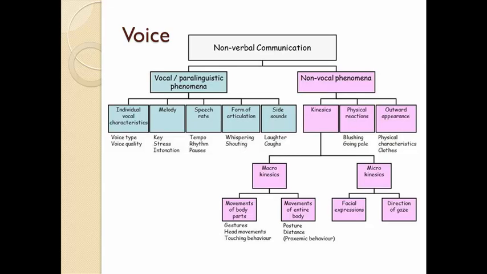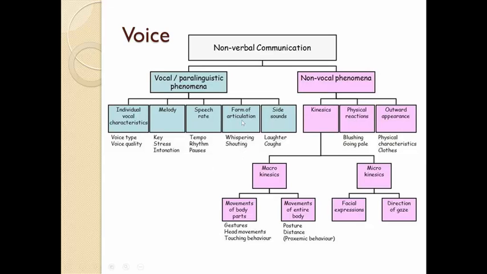And voice. It's very hard to depict paralanguage, but I did find a great chart for you that breaks down some of the non-vocal phenomena that we've talked about, and some of the ways these break down, but also tells us different types of the vocal or paralinguistic nonverbals. So for instance, your voice type and quality, how you stress things, your intonation, the tempo and rhythm at which you speak, the pauses you include.